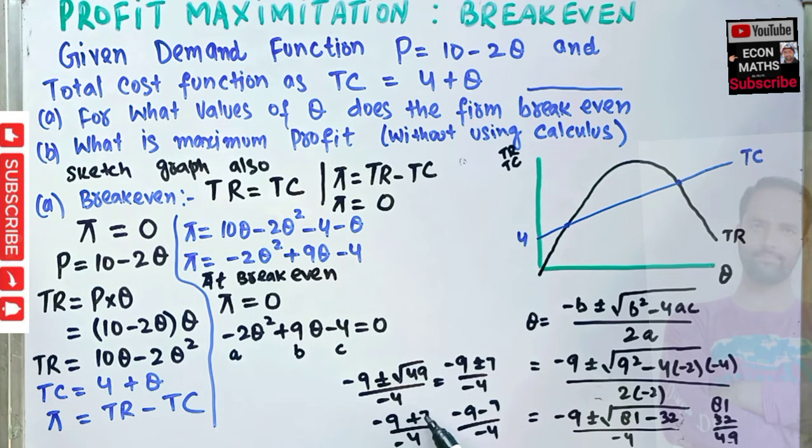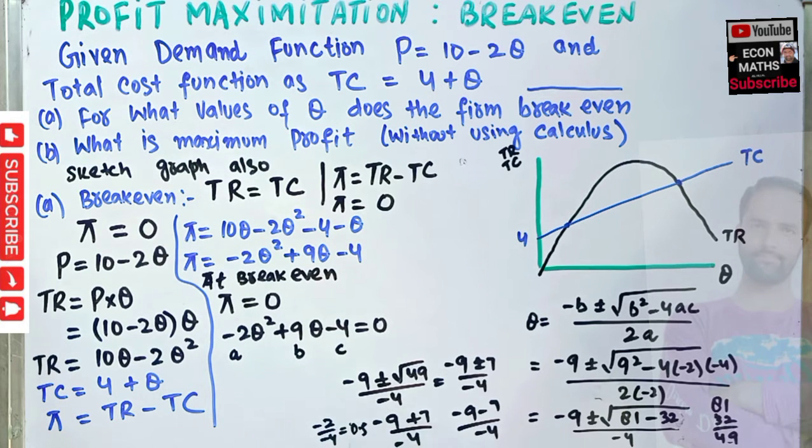Now minus 9 plus 7 comes out to be minus 2 upon 4, minus 2 upon minus 4. This comes out to be 0.5.